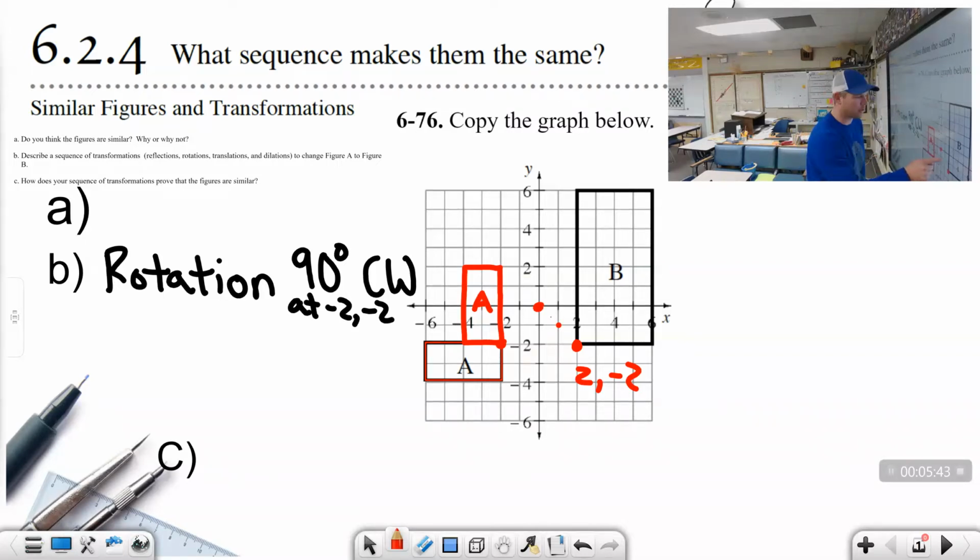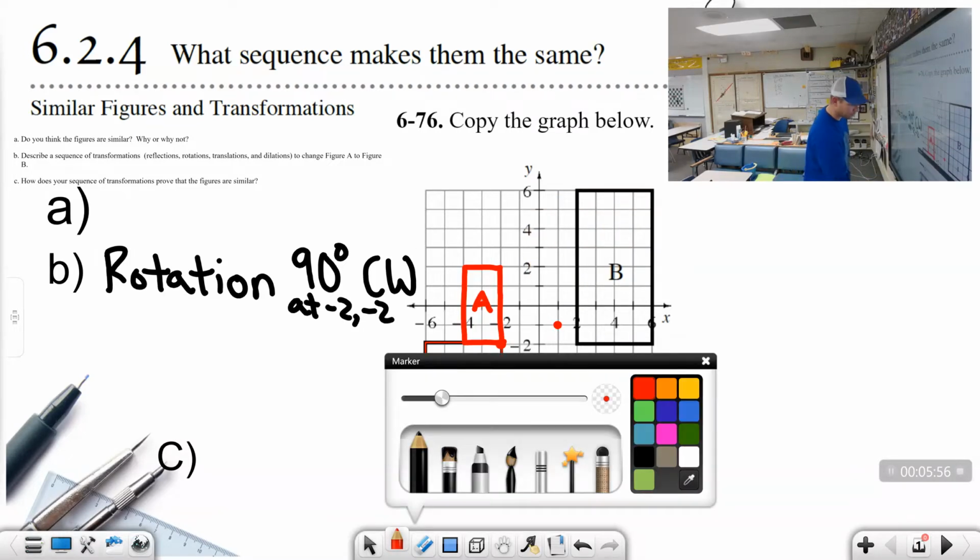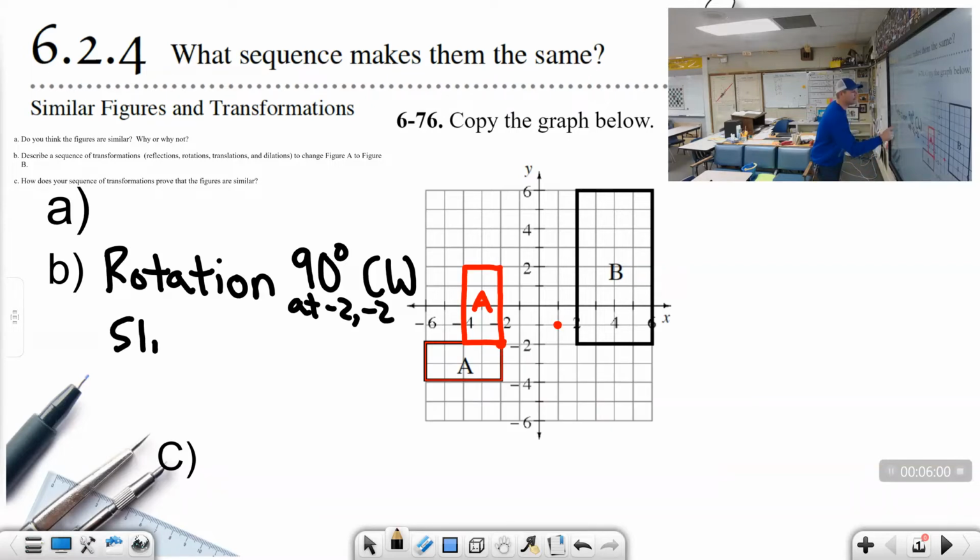Well, half of 2 is 1. This is called deductive logic. You use what you know to figure out what you don't know. So what I'm going to do is I am going to do a slide.